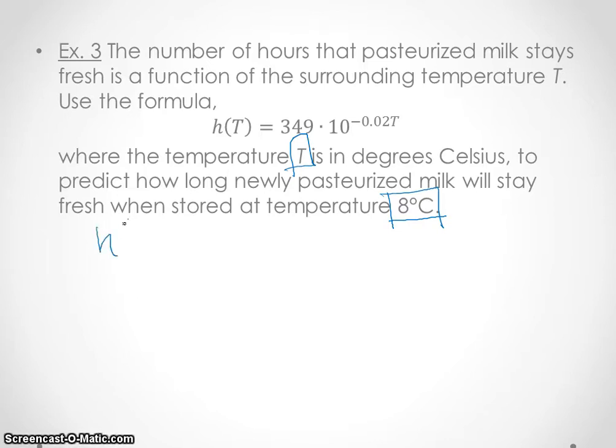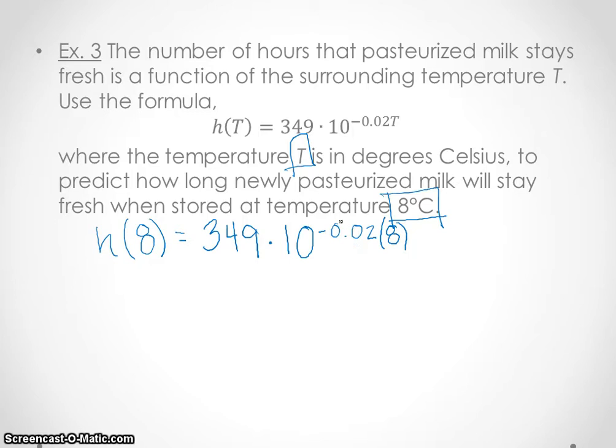So we have H of 8 equals 349 times 10 to the negative 0.02 times T. So here's where another 8 gets put in. Okay. So negative 0.02 times 8, that is our power.